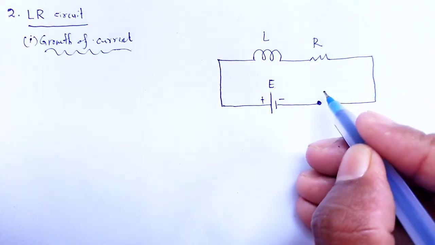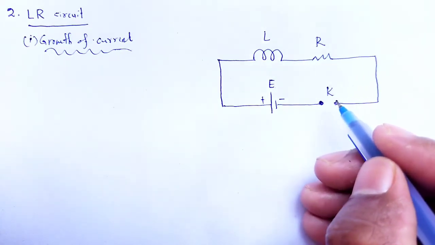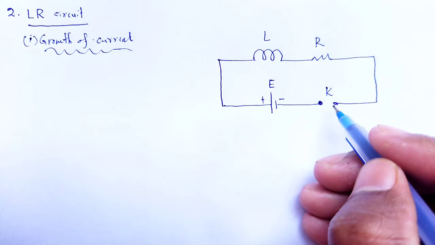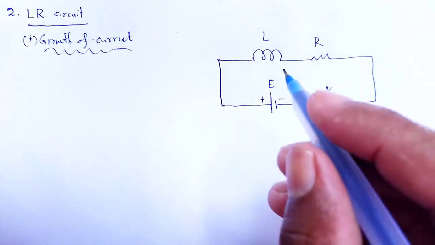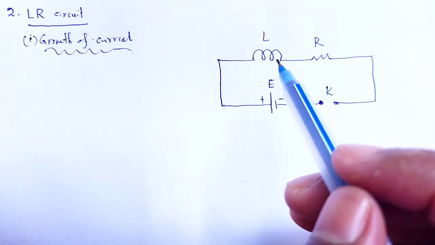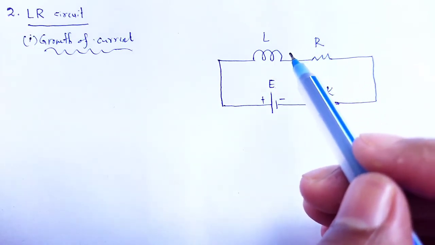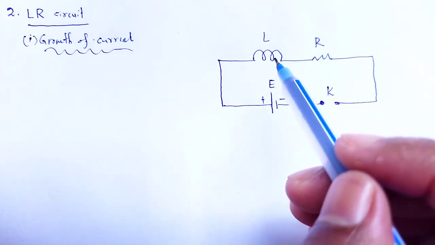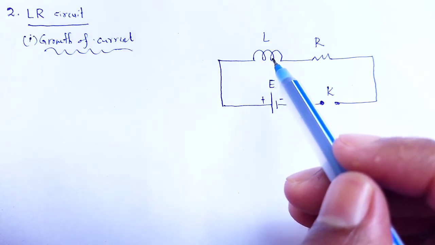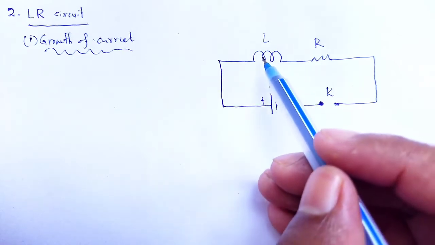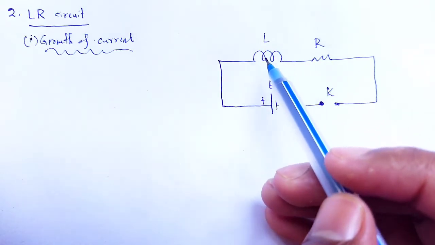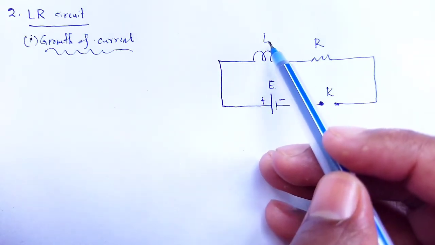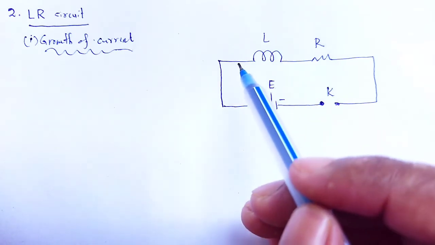When that key is closed, the growth of current from 0 to maximum value I naught takes place. During this time, an induced EMF is produced across the inductor having inductance capital L.